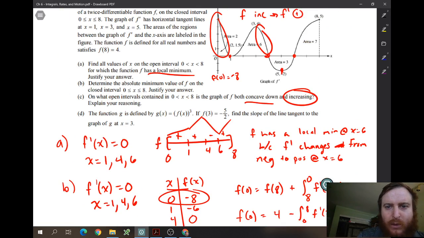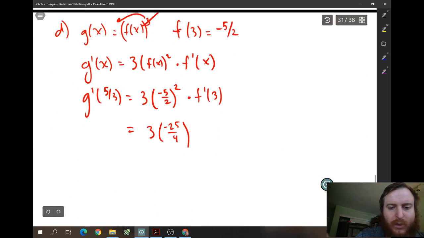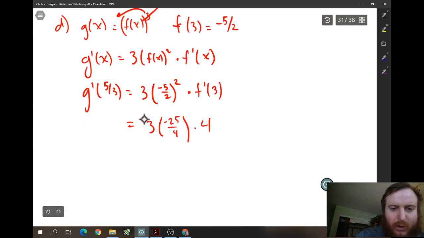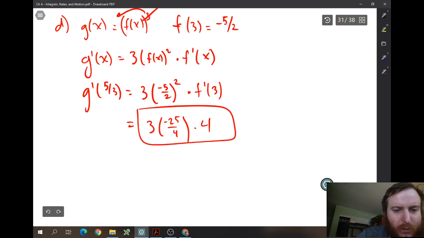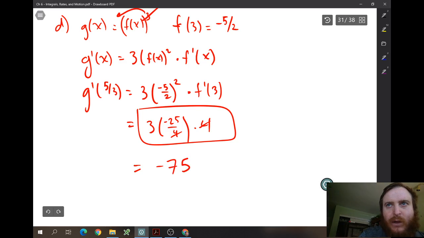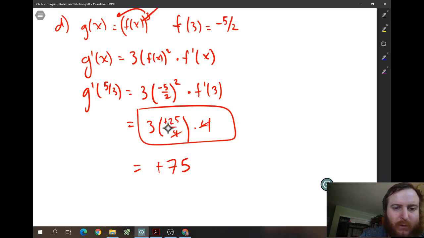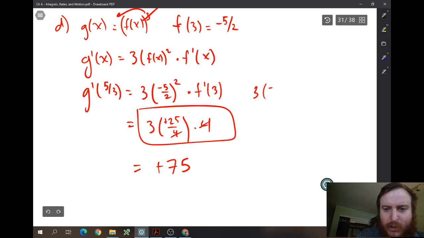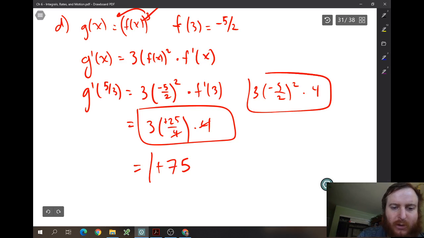So that's 4, 3 comma 4. So times 4. This is non-calculator. I would literally leave my answer like that. But if you want to multiply it out, the 4's cancel, and we get positive 75, because it should have turned positive when we squared it. You could have also written it like 3 times negative 5 halves squared times 4. That could have been an answer.